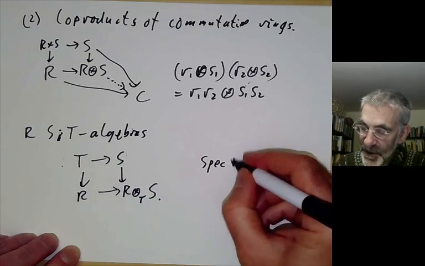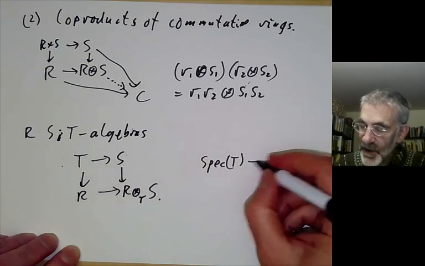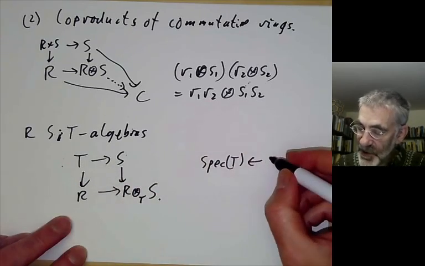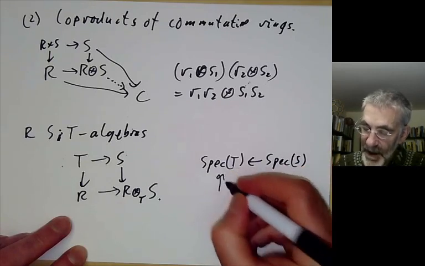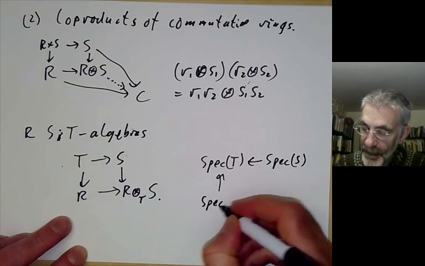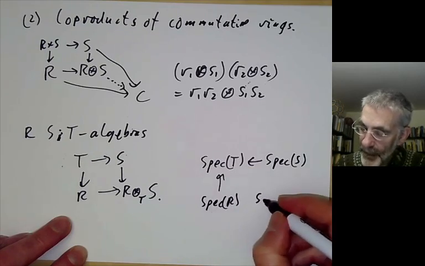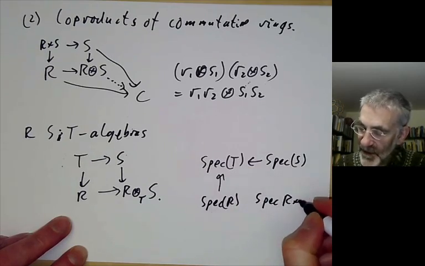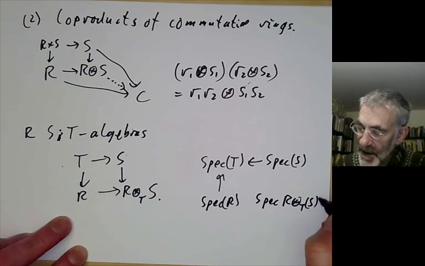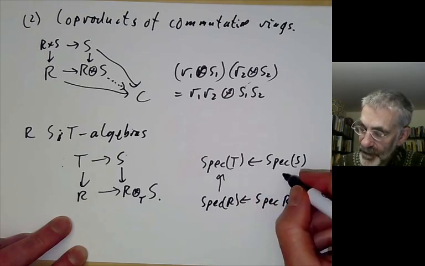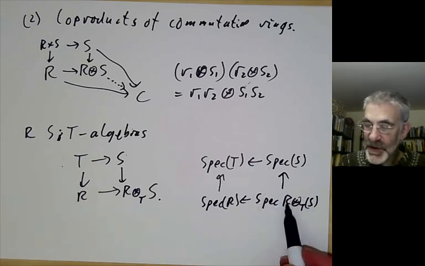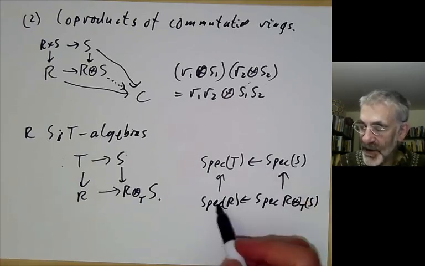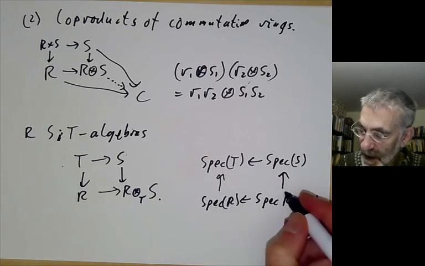An algebraic geometer would look at the corresponding maps of spectra of rings and would get a diagram like this. So we get spectrum of R tensor over T of S, and he would call this thing here the fiber product or pullback of these two affine schemes.